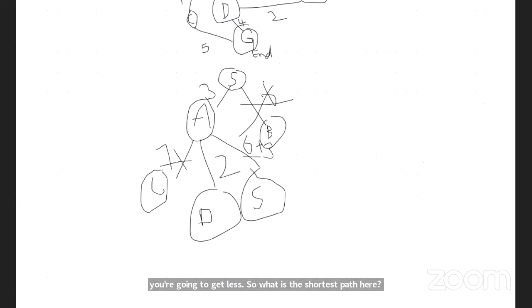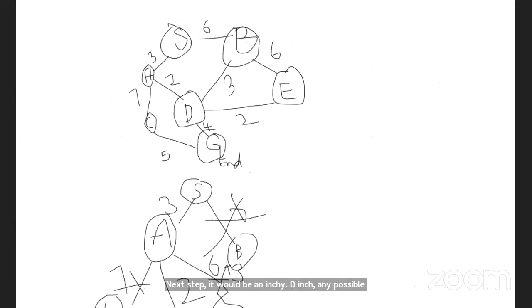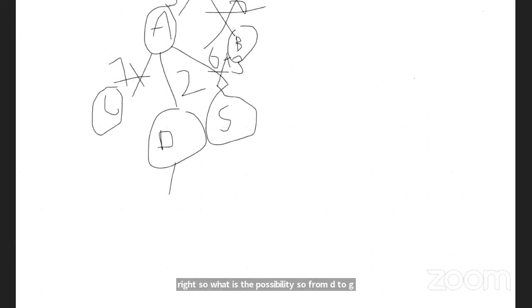Next, now see how many possibilities there are from D. D to G, D to E, D to B. Right? So what is the possibility? From D to G, the cost of traveling is 4. The cost of traveling from D to B is 3.